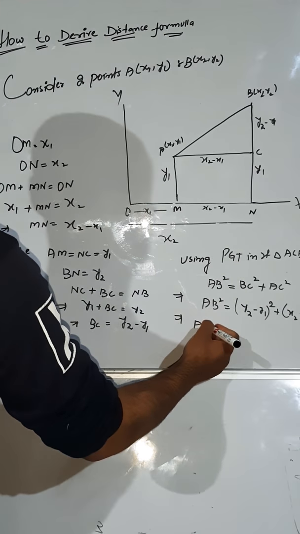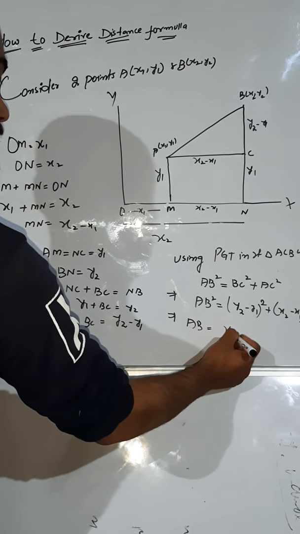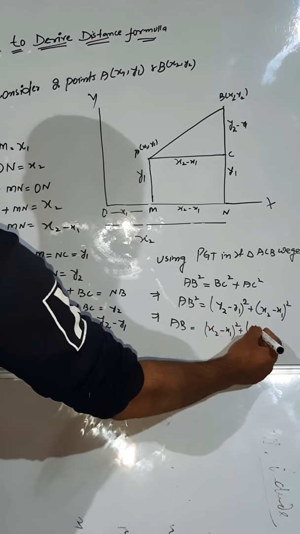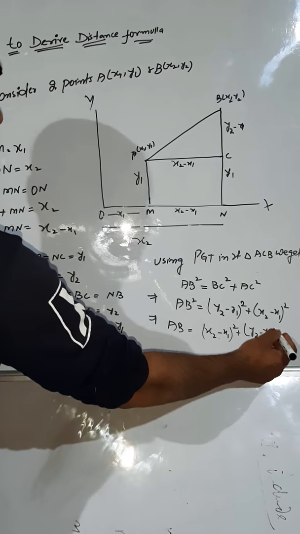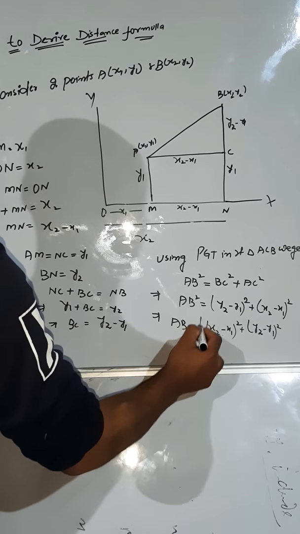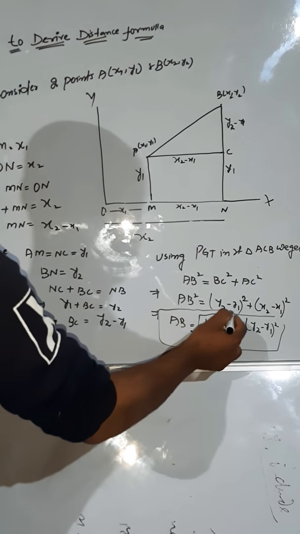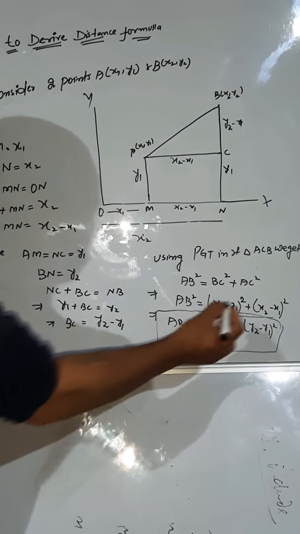Now write x2 minus x1 whole square here plus y2 minus y1 whole square. Transposing the square to the other side in the form of root, the formula we get is the required distance formula.